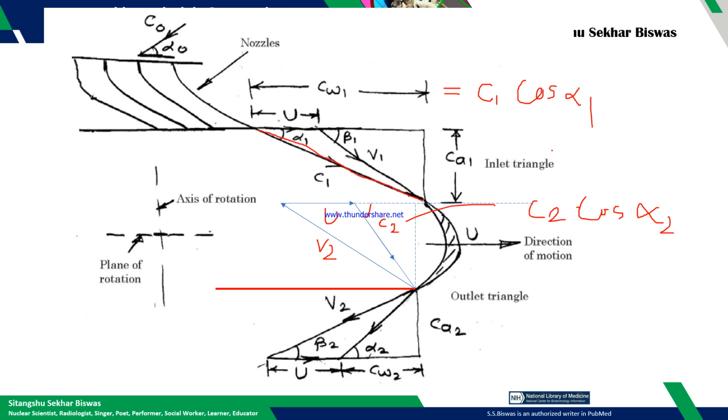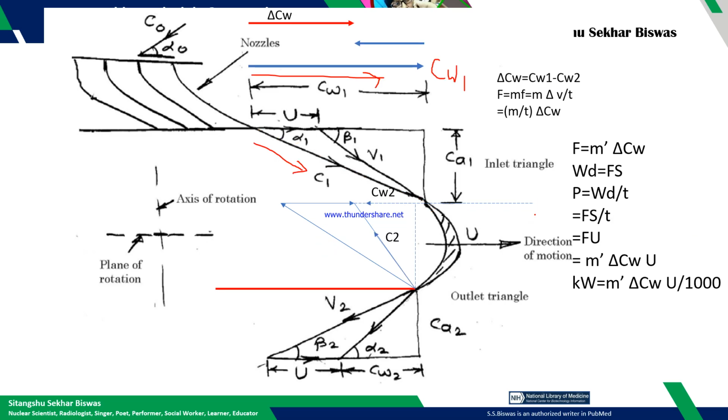And this is CW2, which is C2 cos alpha 2. If you see, the CW2 is in this direction. So this is your CW2.